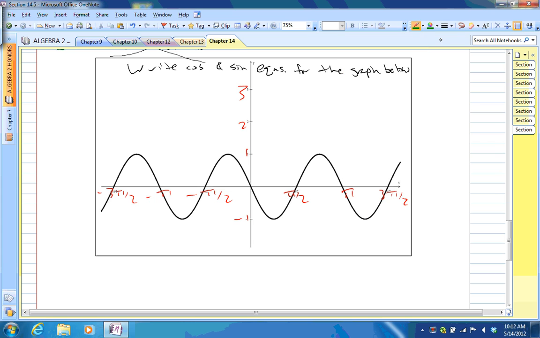So, midline, y equals 0, so k equals 0. Amplitude is 1, so a equals 1.